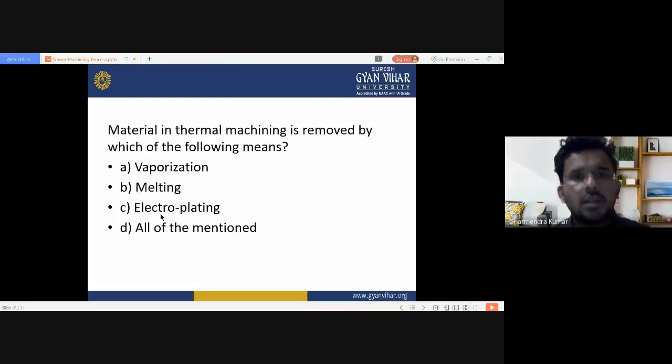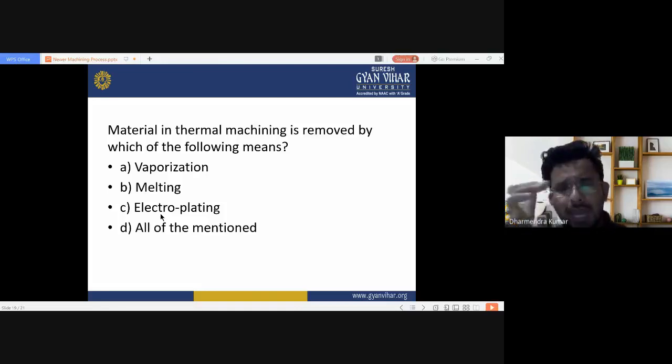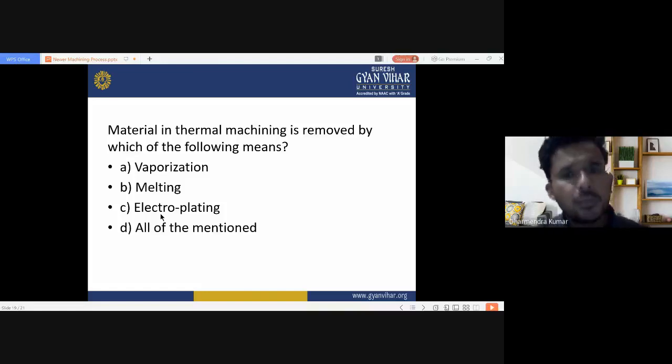Next one: material in thermal machining is removed by which of the following means. We have seen that thermal energy is associated with vaporization, melting, or electroplating, because using thermal energy creates heat between the tool and the job piece for the material removal action.